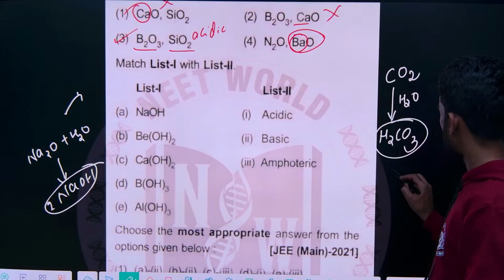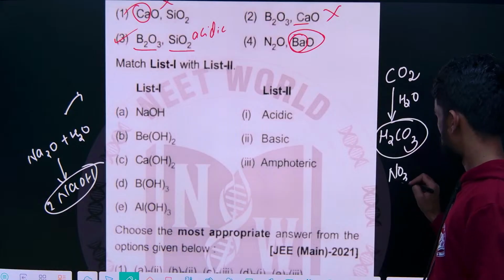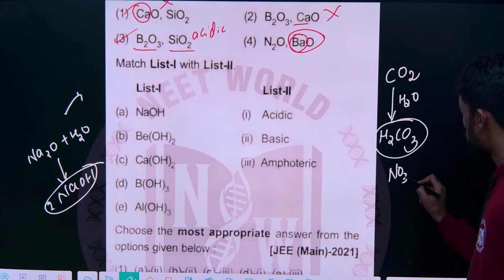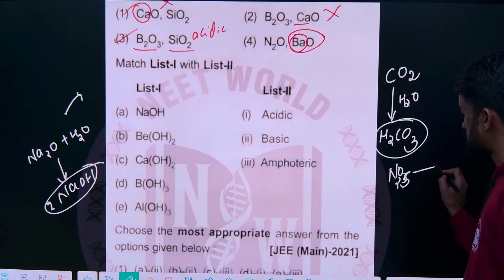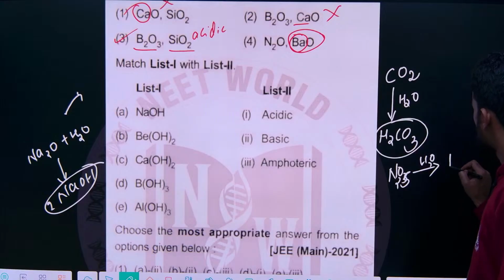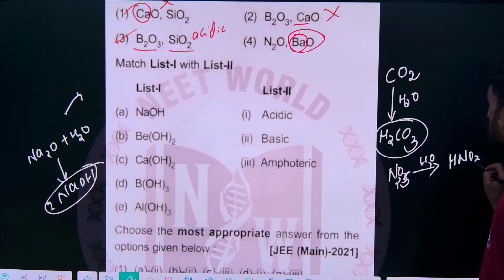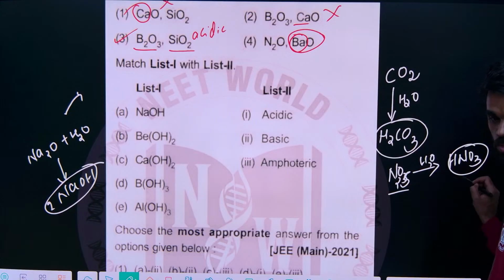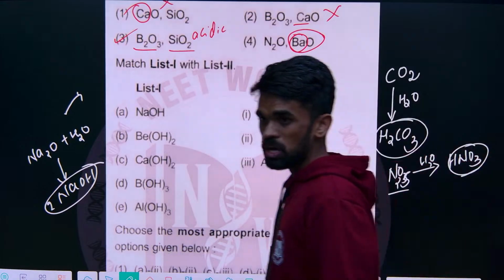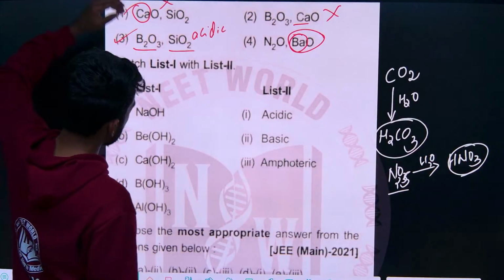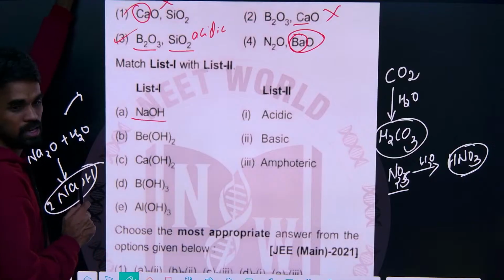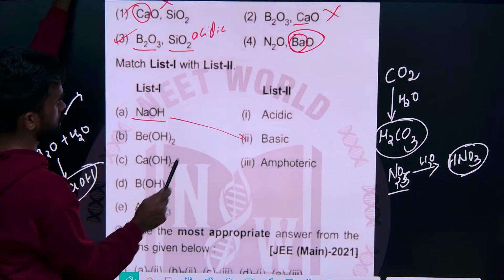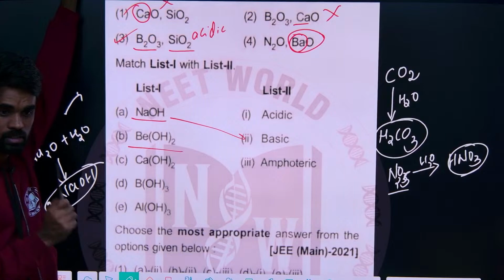If I have an oxide like N2O5, we discussed N2O5, this is an acidic oxide. Upon hydrolysis it gives HNO3, nitric acid. Acidic oxide gives acids, oxo acids. So now tell me, NaOH is base or acid? Basic. Next, Be(OH)2.